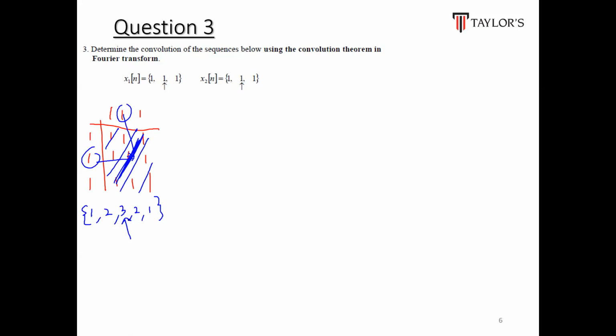But now this question asks you to use the convolution theorem in the Fourier transform. What is the convolution theorem? The convolution theorem tells us that when I have x1[n] convolved with x2[n], it is the same as x1(ω) multiplied by x2(ω). So what we can do is convert each of them into omega form first, which is the Fourier transform.